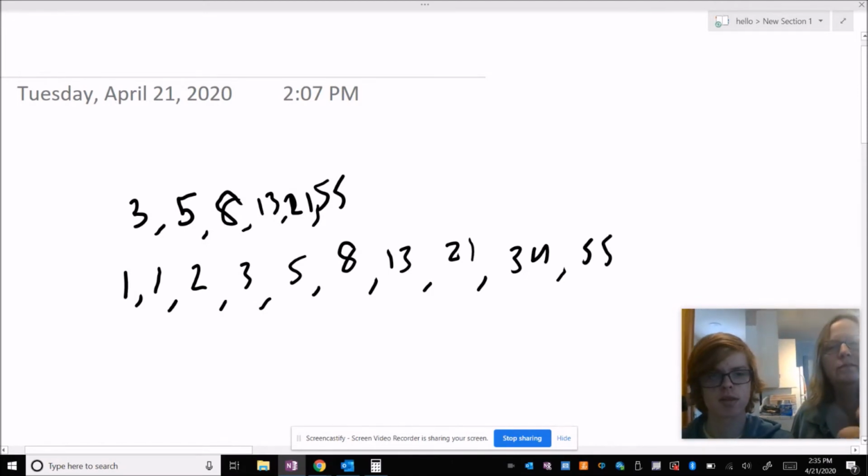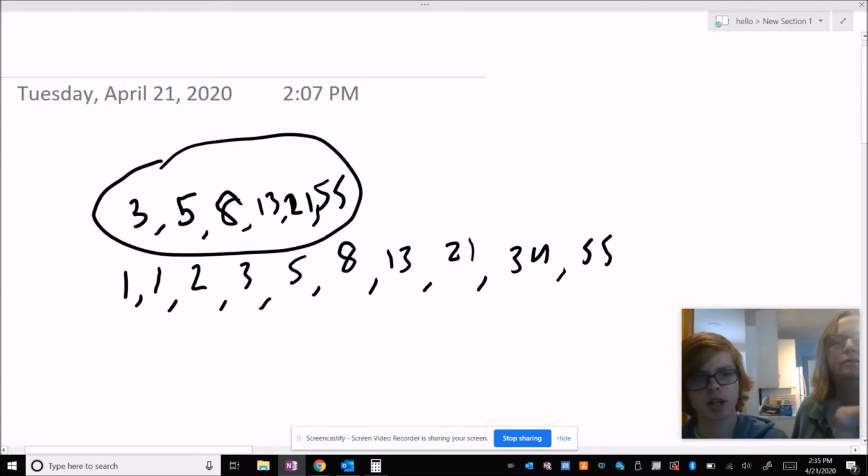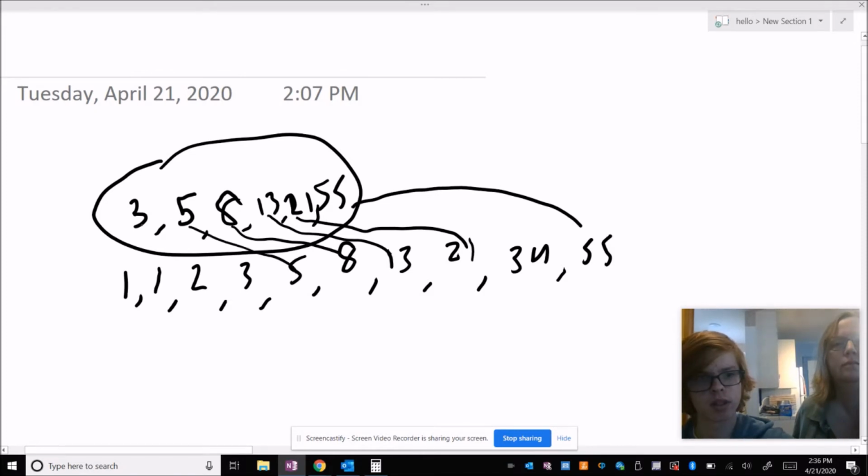And if we notice, some of these numbers that we counted earlier actually correspond or match up with these other numbers down here. So 55, for example, 21, 13, 8, 5, and 3.